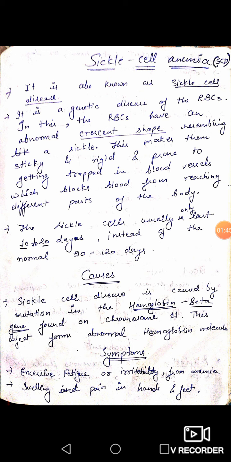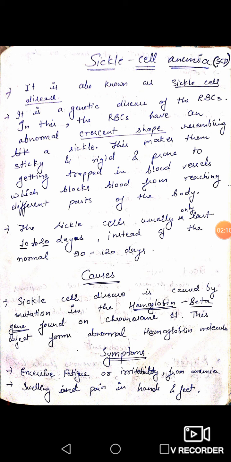The shape of the normal blood cell, which is flat and round, becomes a crescent shape in sickle cell anemia. What is crescent shape? Crescent shape is basically a thin curved shape that is thicker in the middle and tapers to thin points at each end, like a sickle.